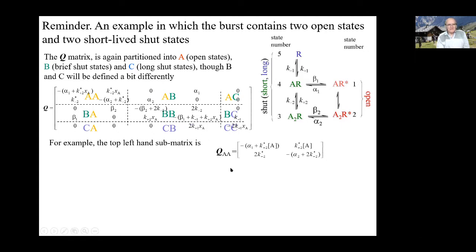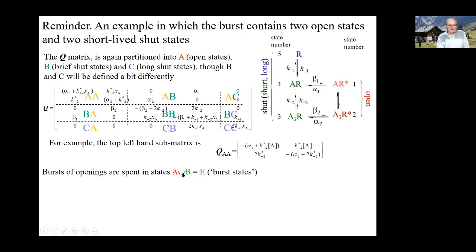The top left-hand submatrix, for example, that describing transitions among open states, is that. We'll also define, as before, a set which we can call burst states, E, and that's either the open states or the shut states within a burst.